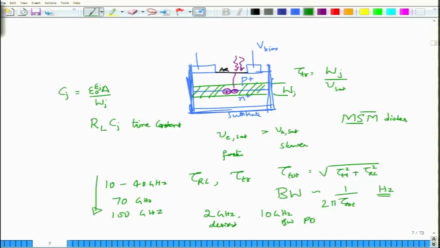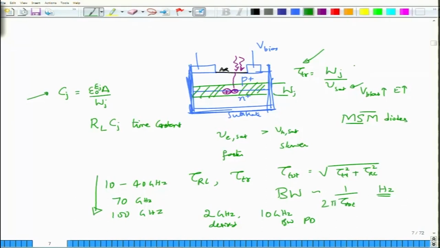Now, if you have examined this Cj capacitance and tau Tr, you would realize something very interesting. Tau Tr, which is the transit time, right. So, this transit time is dependent on the junction width and the saturation velocity. This is something that you cannot do except increasing the V bias, so that the electric field actually increases quite large. Okay. But if this Wj is very wide, then there is no point in increasing this, because the transit time anyway will increase.